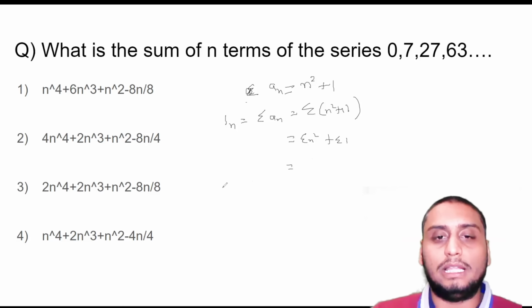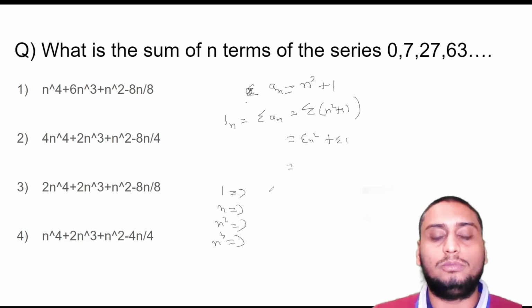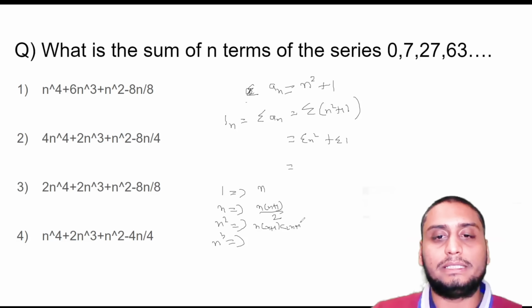Now you should know the sum of 1, sum of n, sum of n square, and sum of n cube, if you go by the longer method. The sum of n is n into n plus 1 by 2. The sum of n square is n into n plus 1 into 2n plus 1 by 6. You have to remember this. And for n cube, it is n square into n plus 1 square by 4.